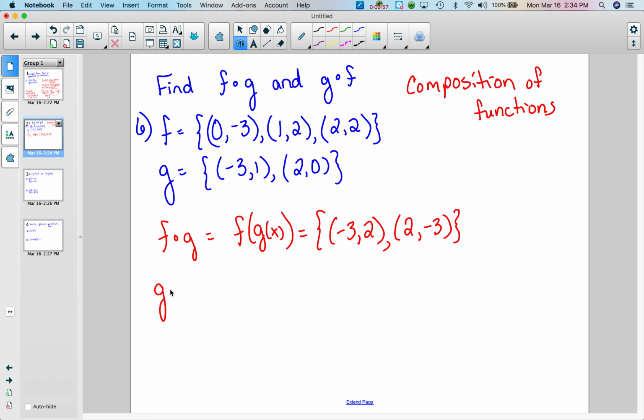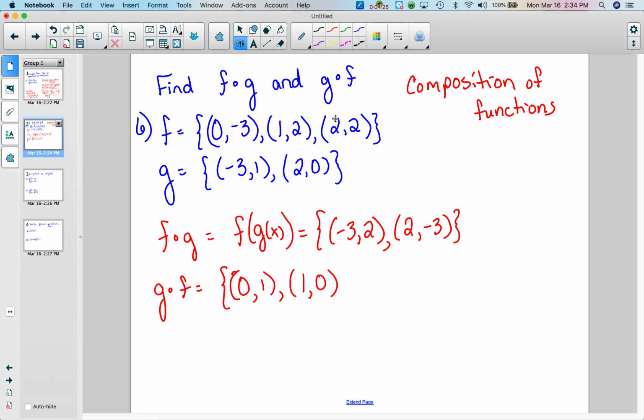To get g of f, we're going to start with f instead. So I start with a 0. 0 goes to negative 3 and negative 3 goes to 1. So 0 goes to 1. Then I go to the 1. 1 goes to 2 and 2 goes to 0. So 1 goes to 0, because that's what I started with, that's what I ended with.